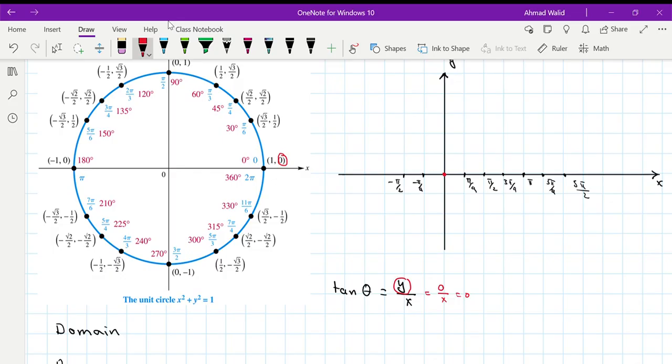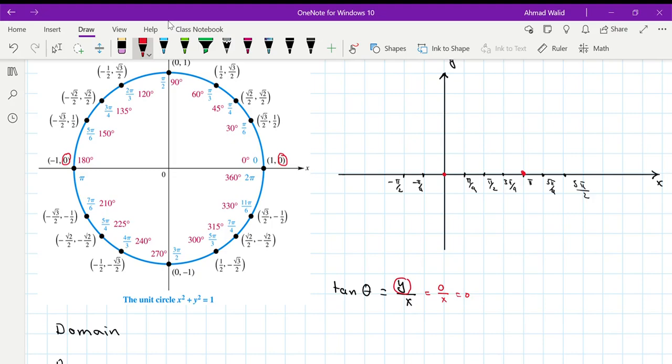If you look at your unit circle, the other place is 180 or pi. You see here you have another 0. Then you can mark your pi also as a 0. Correct?